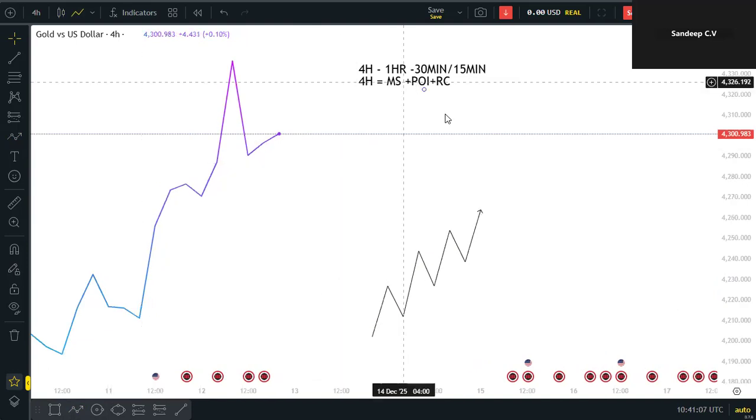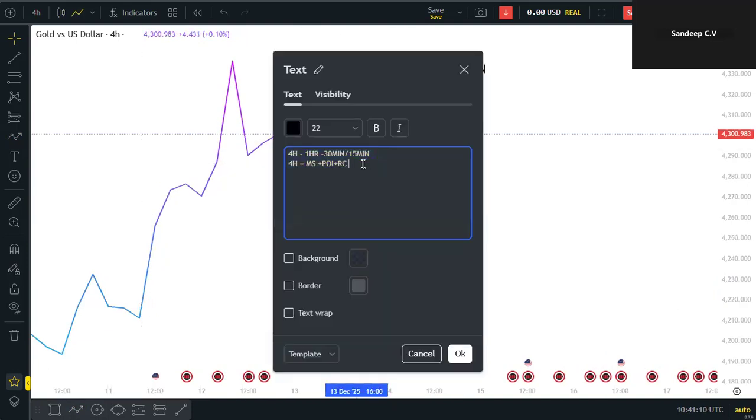So if I'm journaling, I write my MS is bullish, or uptrend. If my market structure is bullish, my first POI that I'll be looking for is a support zone, or an XZ.